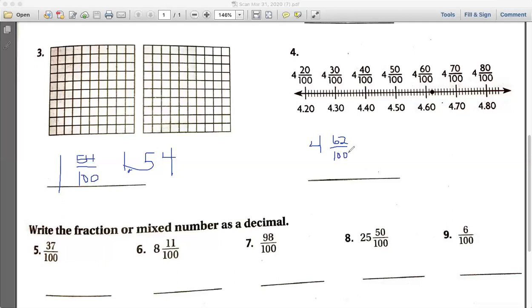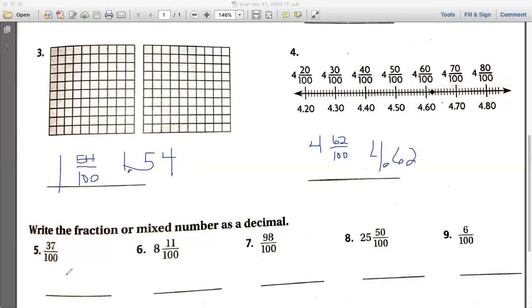There you go. Okay, now to write it as a decimal, it's pretty easy peasy. You put your whole number on this side, put in your decimal, and put in your 62. And you would read it 4 and 62 hundredths.